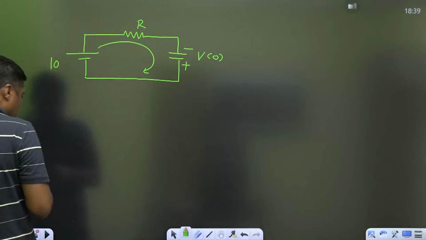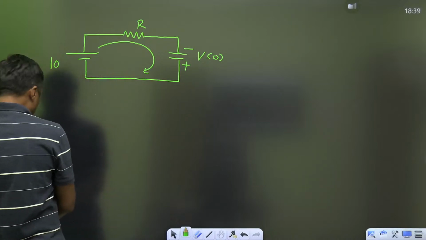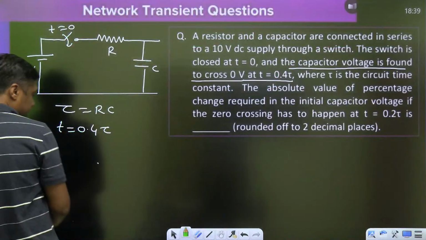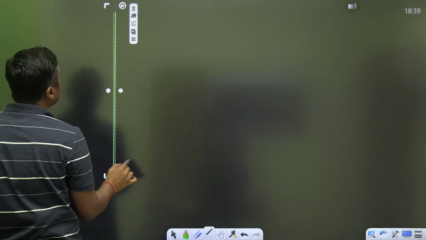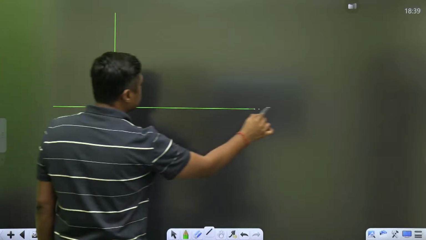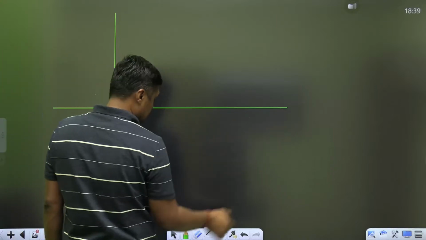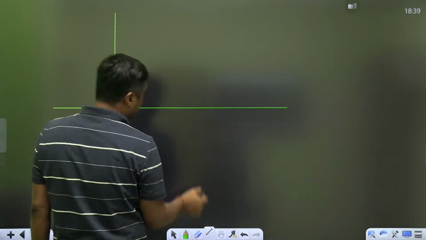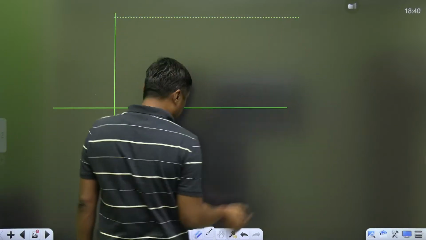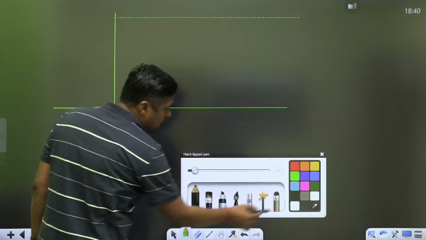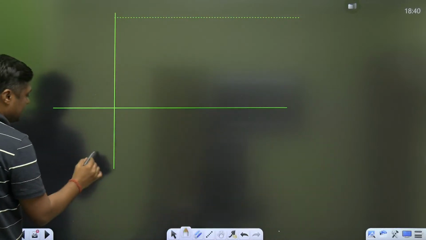So according to the given information, the capacitor has some negative voltage, and it will start charging from that negative voltage, like it may be V0.